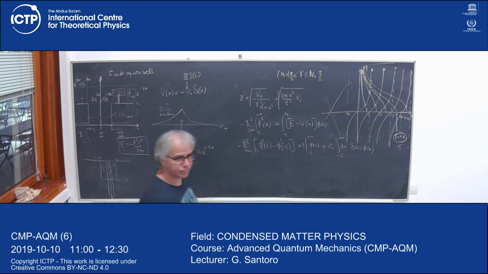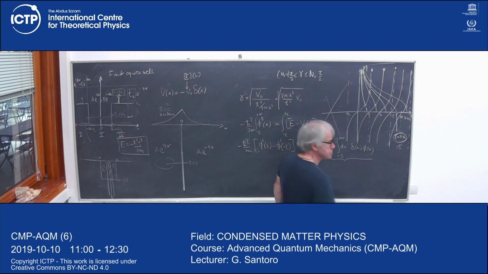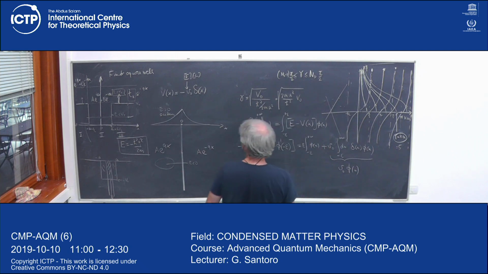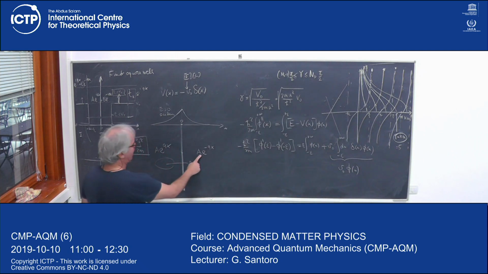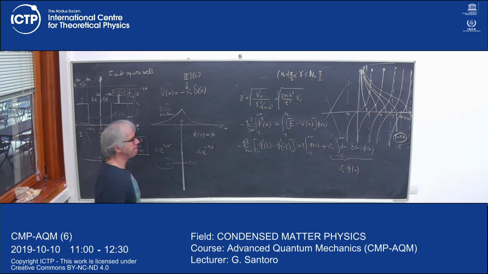Is it clear? How much is this? V0 times phi calculated in the origin. The function must be continuous, obviously, so there is a uniquely defined f0, which is in fact here equal to a. Okay? Phi of 0 is equal to a.